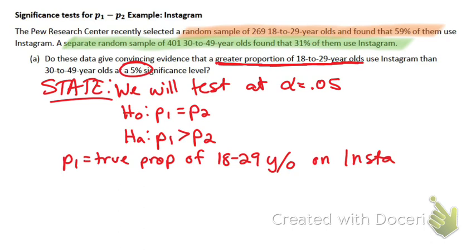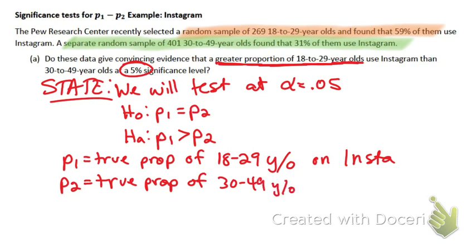Because there's two P's. Do we need to define P2 as well or no? And now we're going to define P2. P2 is the true proportion of 30 to 49-year-olds on Insta.